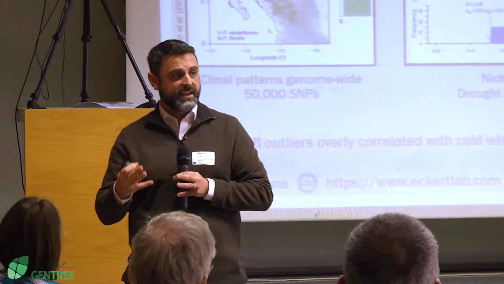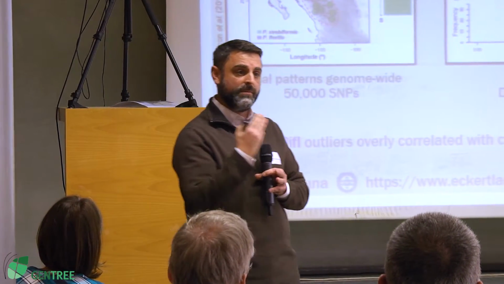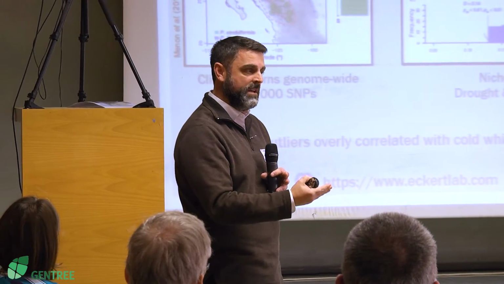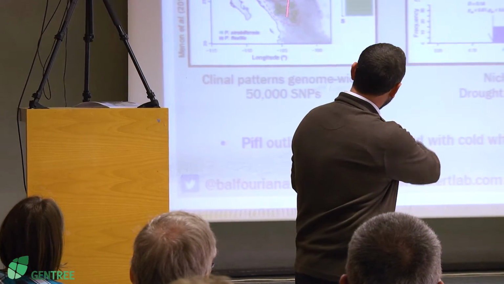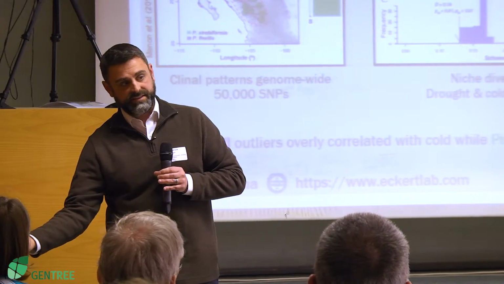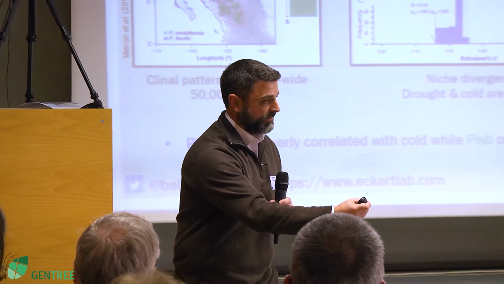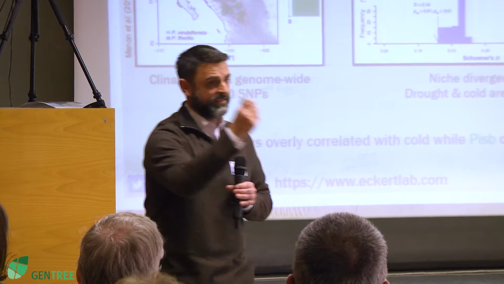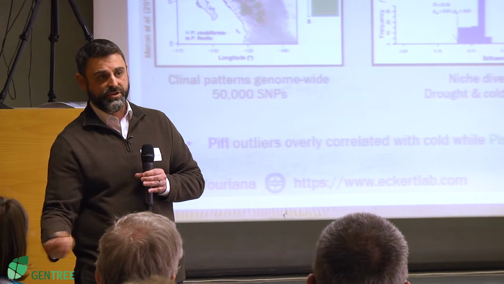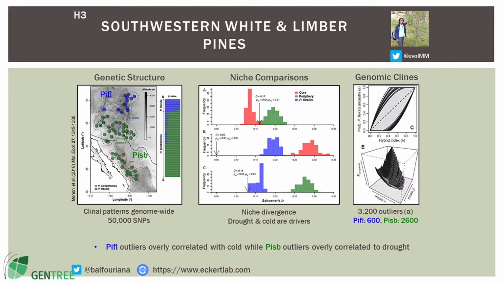There's a set of loci that have too much ancestry from Pinus strobiformis, which is southwestern white pine, relative to the genome-wide average expectation. We have a different set where it's the opposite, too much Pinus flexilis, or limber pine, ancestry relative to expectations genome-wide. If you look at those, the outliers that have too much flexilis ancestry are correlated to certain environmental variables, cold temperature-related variables.